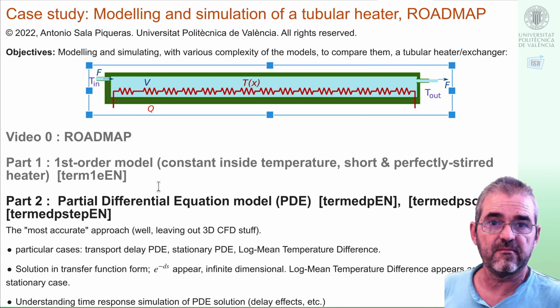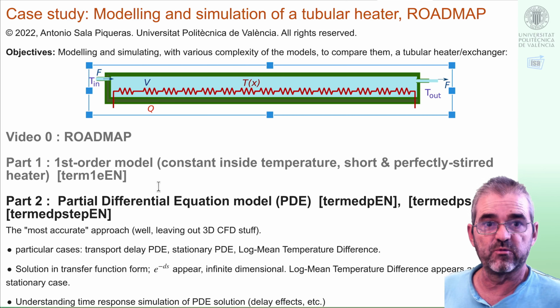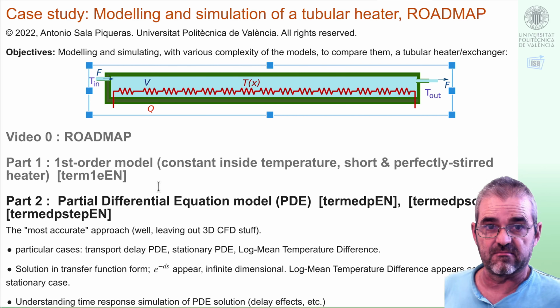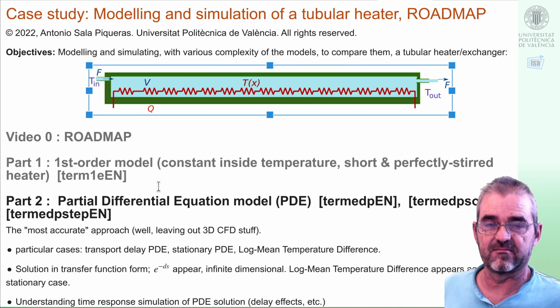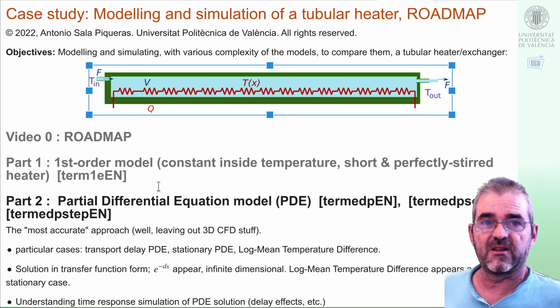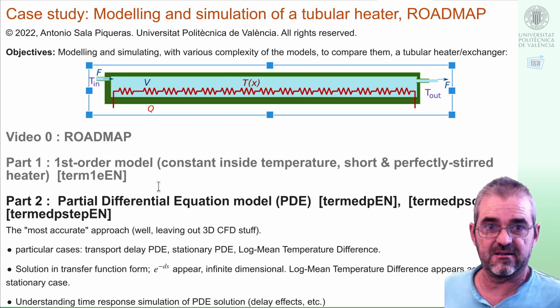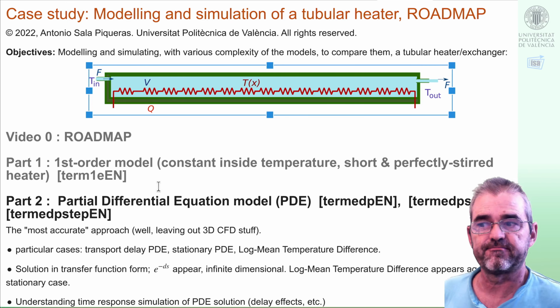Because the actual most faithful to real-life model would be a three-dimensional computational fluid dynamics simulation, but okay, just keep it easy, and we will be happy with our one-dimensional in space partial differential equation model, which will be assumed to be the ground truth, the best physics can do on this, under our simplifying assumptions.